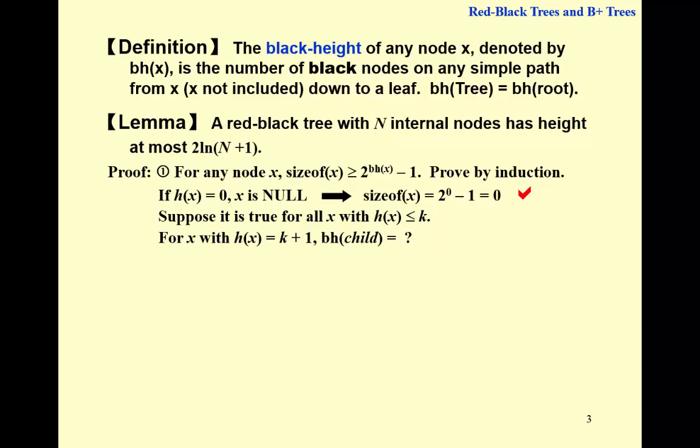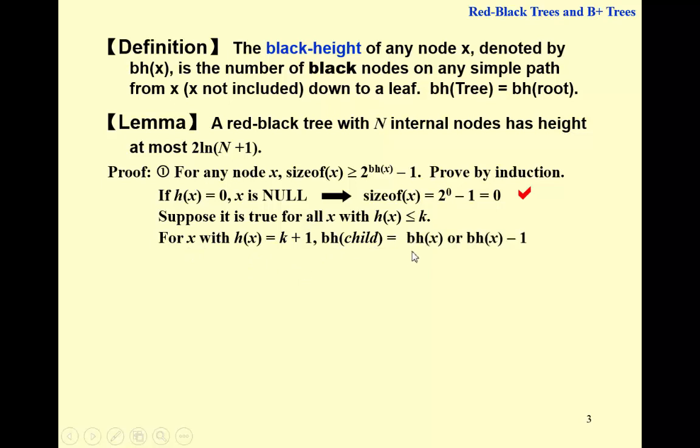There are 2 cases, right? Case 1 is that if X is a red node, then the black height of its child would be the same as the black height of itself, right? And the second case is that if X is black, then what's going to happen to the BH of its child? For its child, the BH will be 1 less than the BH of X itself, right?